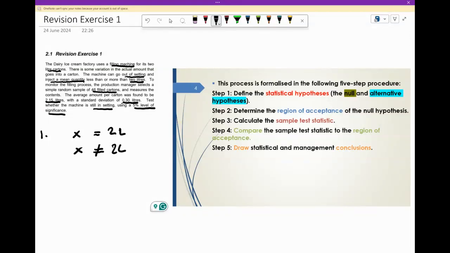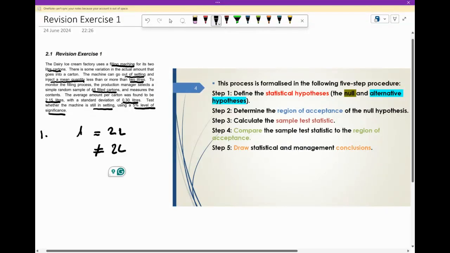Now, we obviously need to set up H1 and H0. Which one is going to be H1 and which one is going to be H0? The equal to is H0. We're basically saying that's the mean of the population.